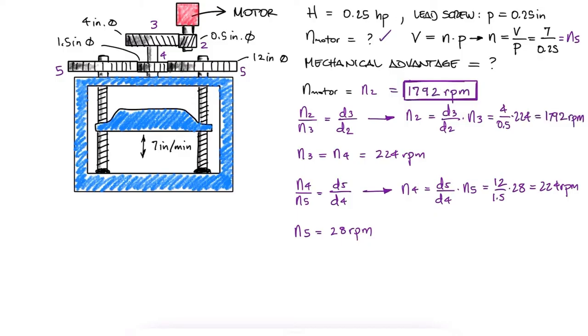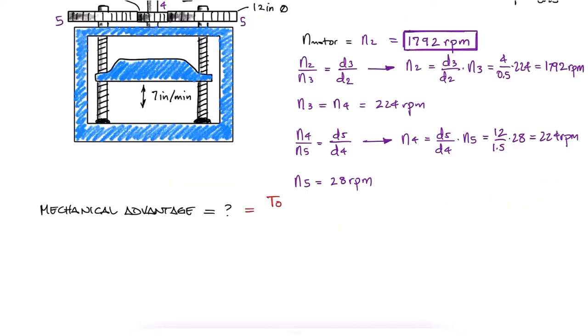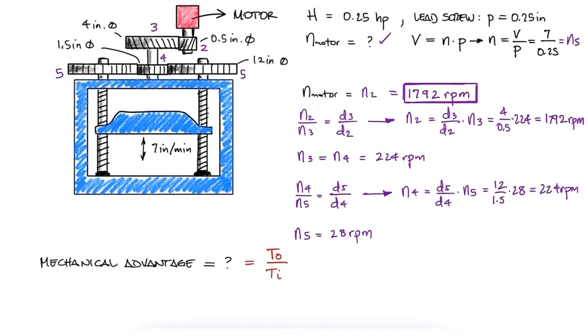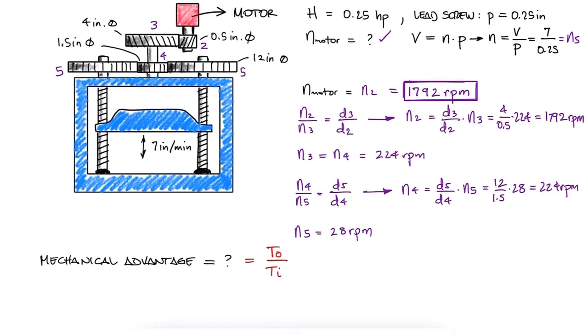For a gear system, the mechanical advantage is defined as the output torque over the input torque. In the next main video, we'll learn about the train value and how both the velocity factor and the mechanical advantage can be found with the relations between the gears. However, for this video, let's calculate the torque that the motor is exerting on the system and the output torque at the screw.